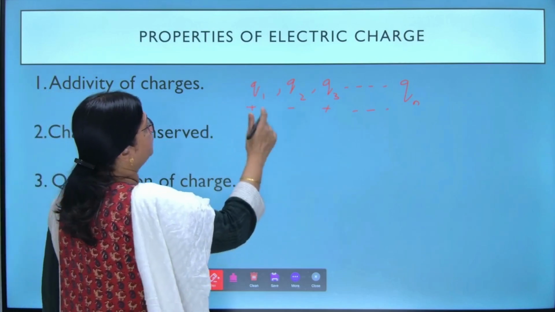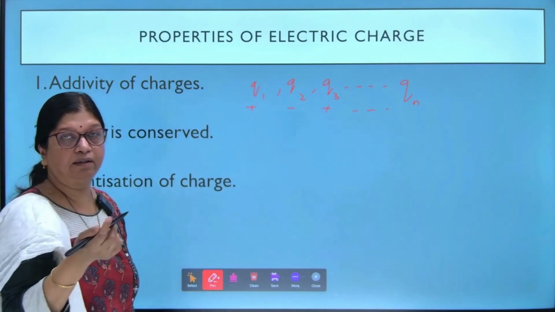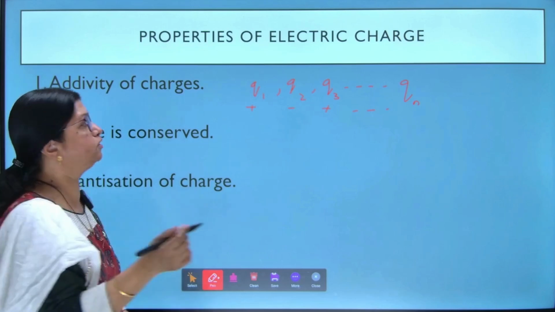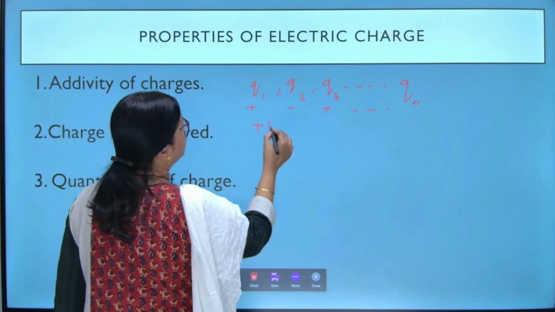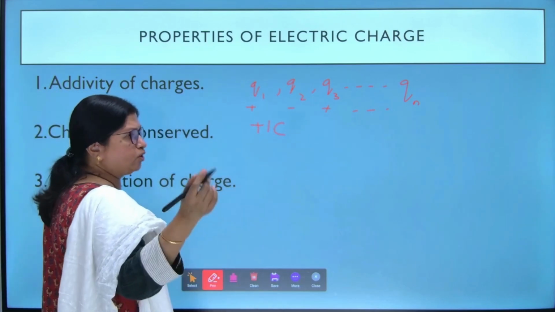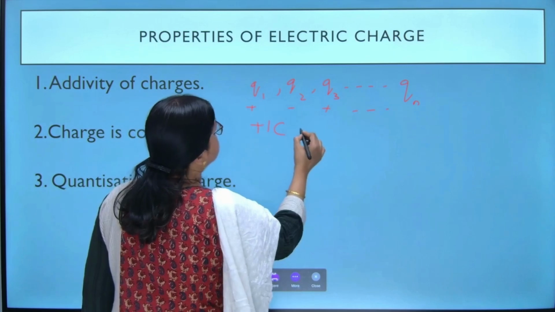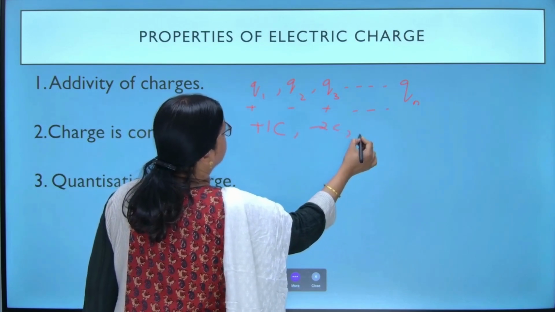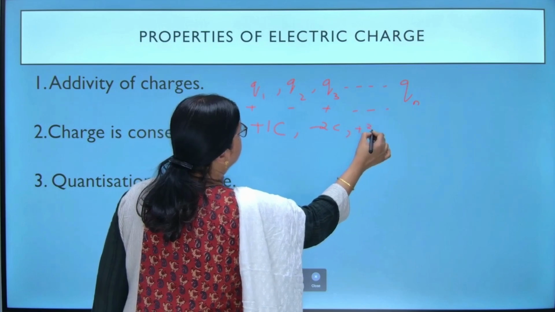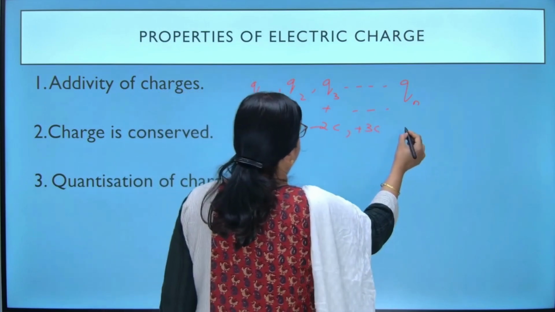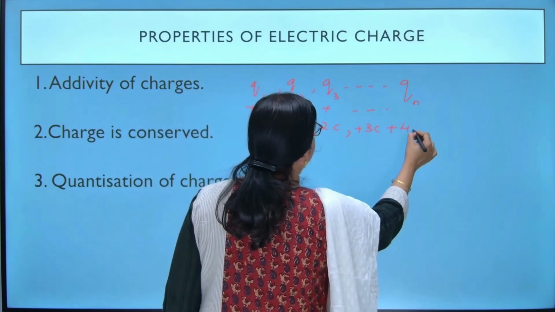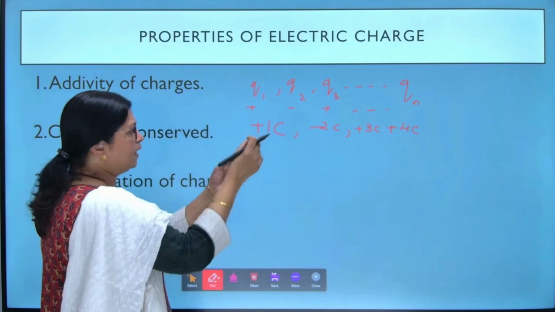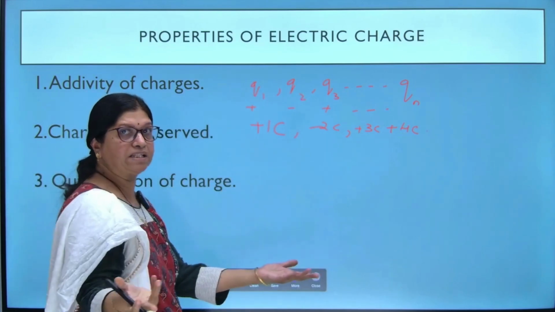So if I say that I am adding charges of plus 1 coulomb, coulomb being a unit of charge which we'll talk about within a few minutes, then I have minus 2 coulomb, then plus 3 coulomb, and plus 4 coulomb. I simply have to add them by normal maths.